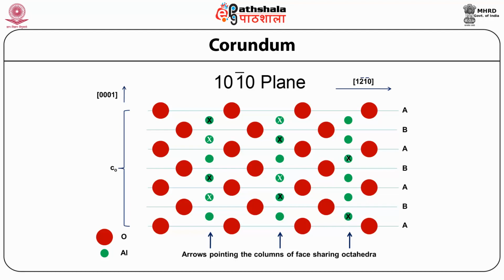You can see the side view which we have seen in the previous slide, and it shows that the 001 plane is pointing upwards, whereas 1 2 bar 1 bar 0 plane is pointing towards the right hand side. The red colored filled atoms correspond to oxygen and the green atoms correspond to Al, whereas the cross sign represents the voids, or we can say the vacant octahedral sites which are present in corundum.